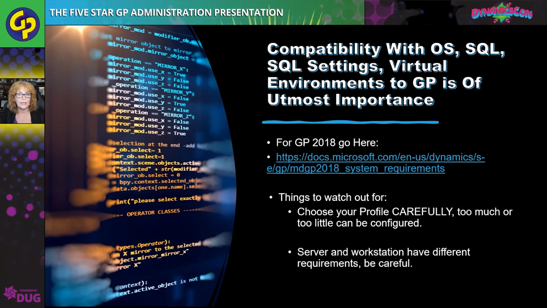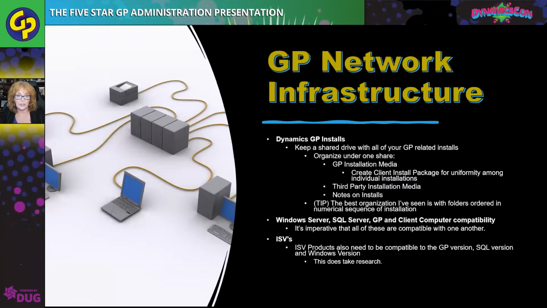Too much, and you've got too much system for the buck. And too little, and you're all of a sudden freezing, locking up, you don't have enough. So be careful when you're looking out for those profiles, which we may go over again in just a little bit. And then there's the network infrastructure, ports, installation media, organization of how GP runs.